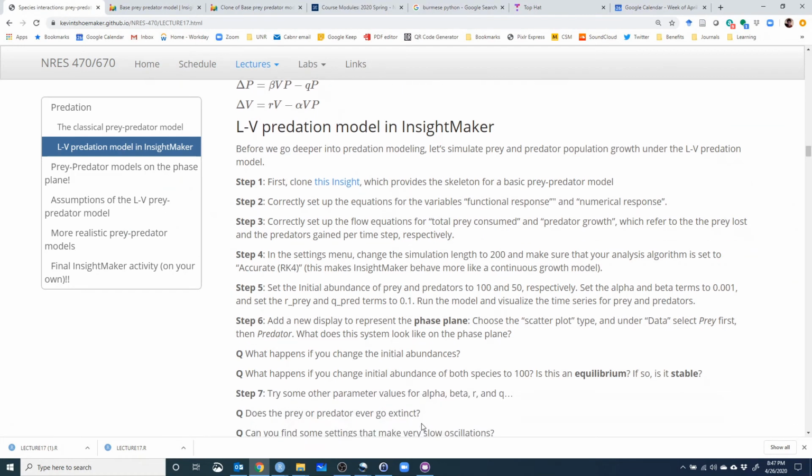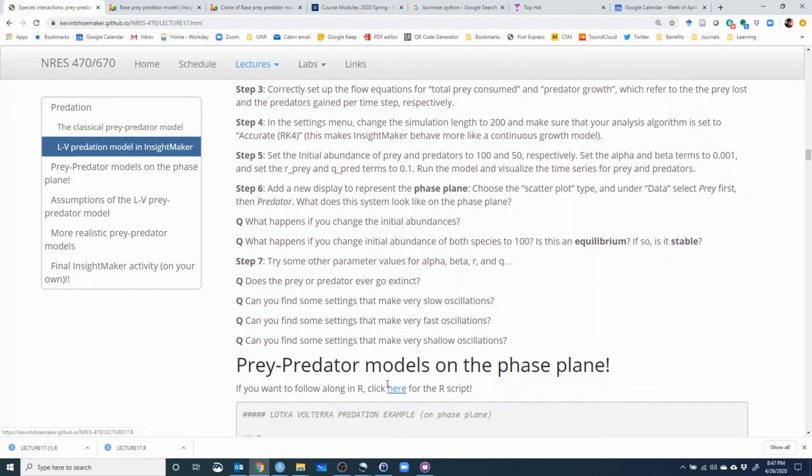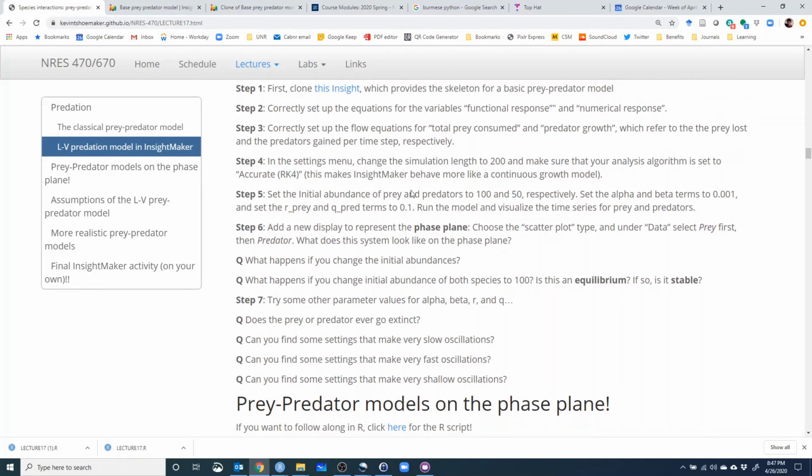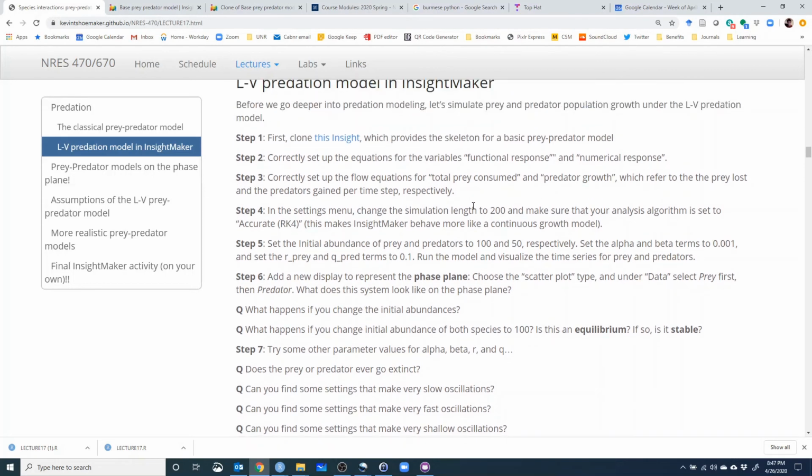If we go back to the lecture, we'll see that there are some questions that we can address. We can change the simulation length to 200. We can set the initial abundance of prey and predator to 150 and set the alpha and beta terms to 0.001 and set the R prey and Q pred terms to 0.1.